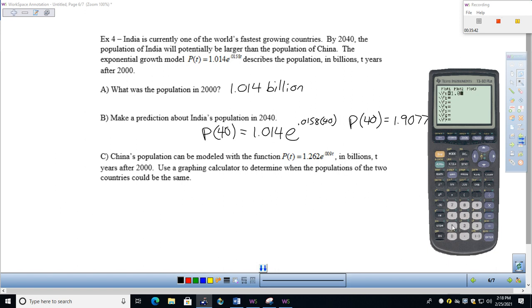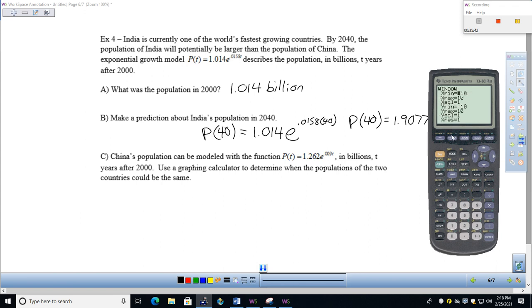So everybody, I'm going to put in 1.014 times e raised to the 0.0158x. That'll be in y1. And then everybody, I'm going to do the model for China, 1.262, and then again, times e raised to the 0.009x, looking good.